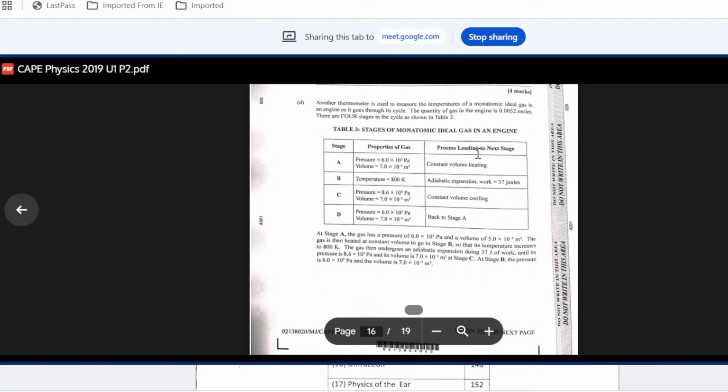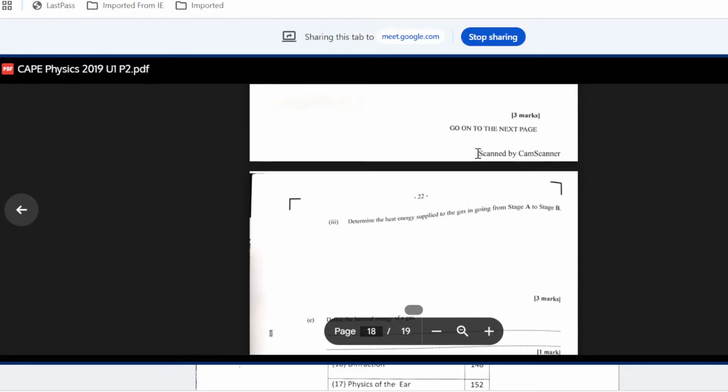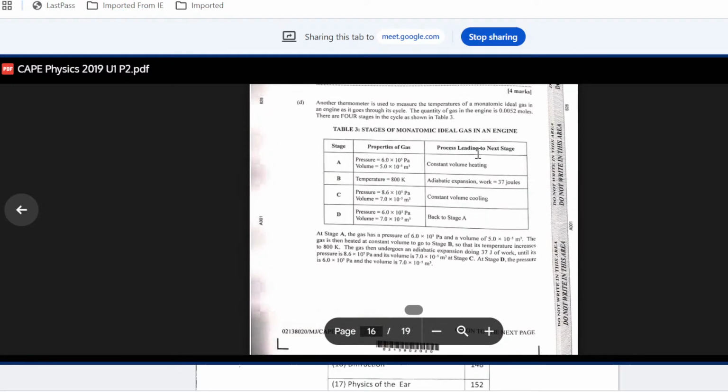Let's see what I can do with that. Determine the heat energy supplied to the gas going from stage A to stage B. So what is heat energy?